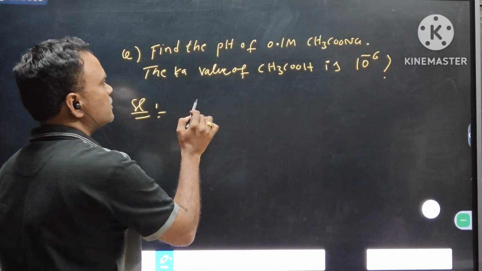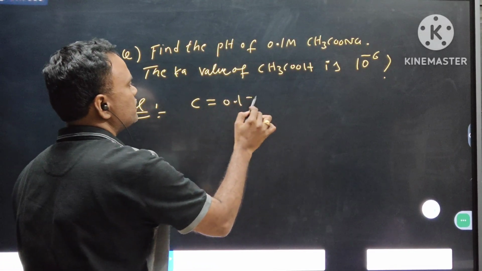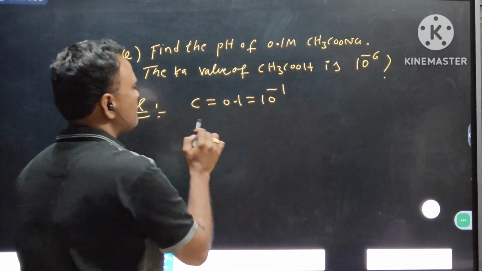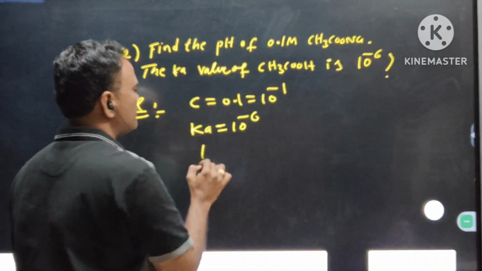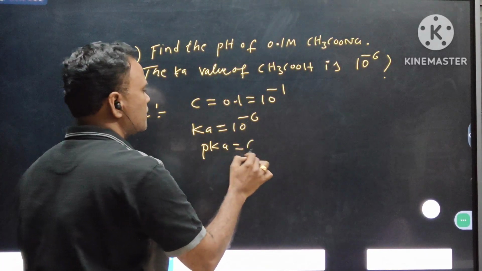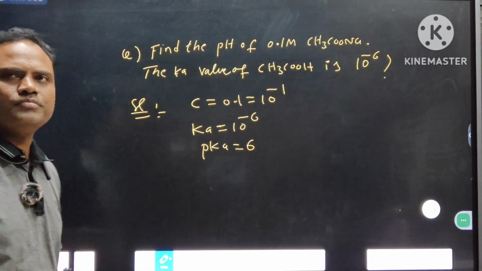First of all, write the data. Concentration is 0.1, that is equal to 10 to the power of minus 1. Ka value is 10 to the power of minus 6. Then pKa is equal to 6.